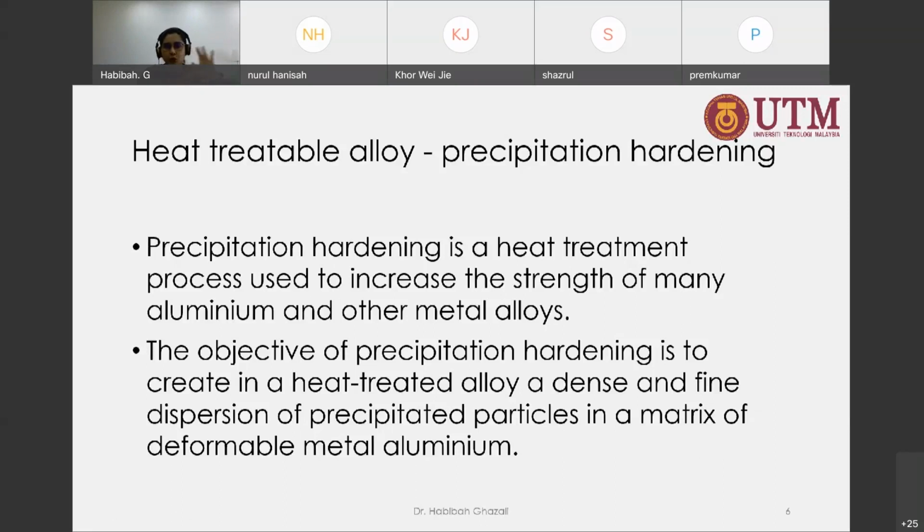So if we can introduce these precipitates throughout the microstructure of the aluminum or copper, we can strengthen this alloy. We can have a higher yield strength, and also a higher Young's modulus, so the material will become stiffer. So that's the heat treatment process.